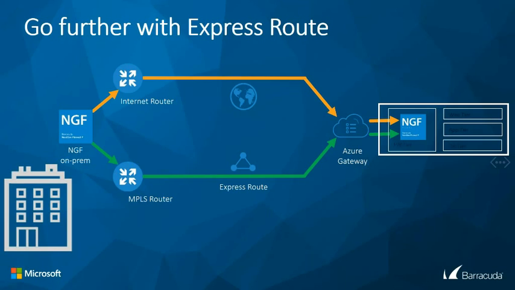So we can prioritize our traffic down that tunnel. So we've got SQL databases. Let's put our SQL replication traffic over the ExpressRoute link, and let's make it the most important thing on that link. If that has a problem for any reason, if somebody inadvertently pulls out a power cable or cuts through an MPLS line, then you have the knowledge that you can fail over to that internet connection.